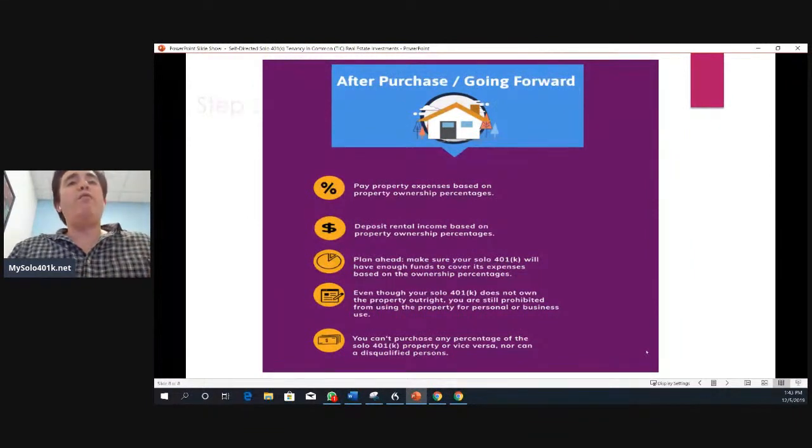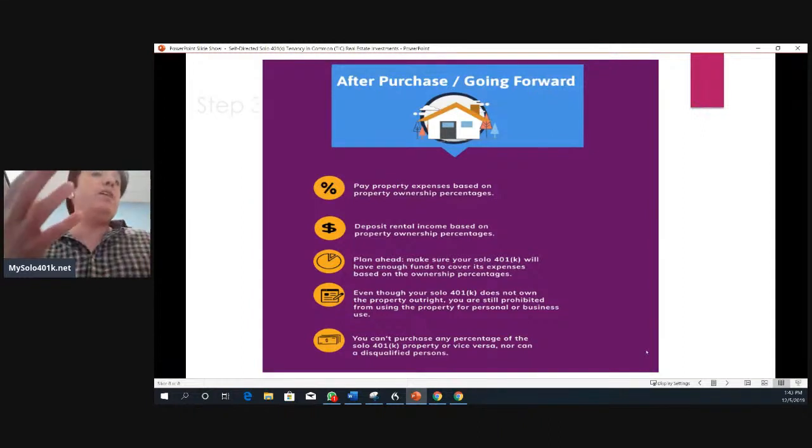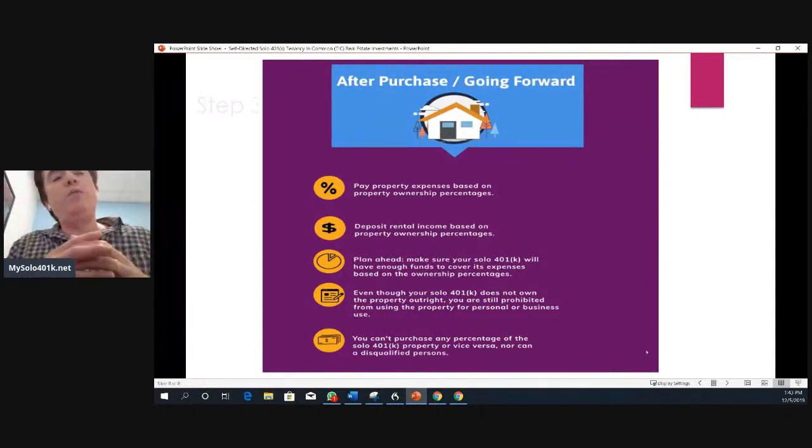So maybe what you have is the property manager that's collecting the rent from the tenants, and it then is paying expenses. When the property management company is making distributions, it's going to have to make distributions in accordance with those ownership percentages, after netting for expenses. And obviously that property manager, that's not going to be you, because you're not going to be making fees or money off of this investment.